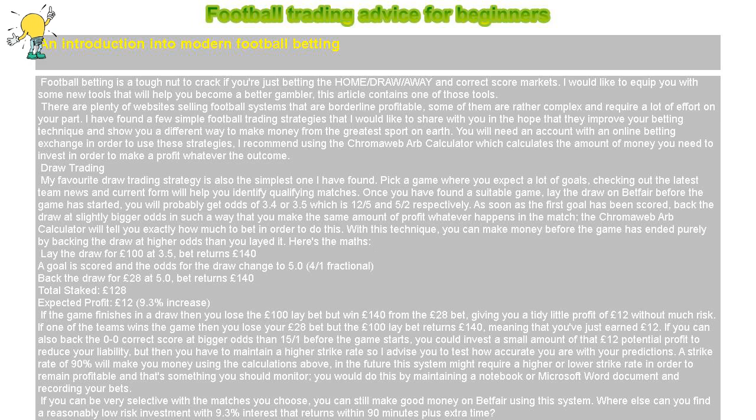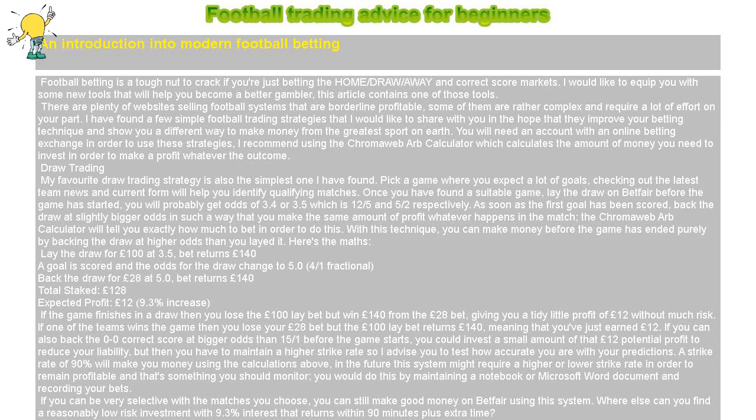In the future the system might require a higher or lower strike rate in order to remain profitable, and that's something you should monitor. You would do this by maintaining a notebook or Microsoft Word document and recording your bets.